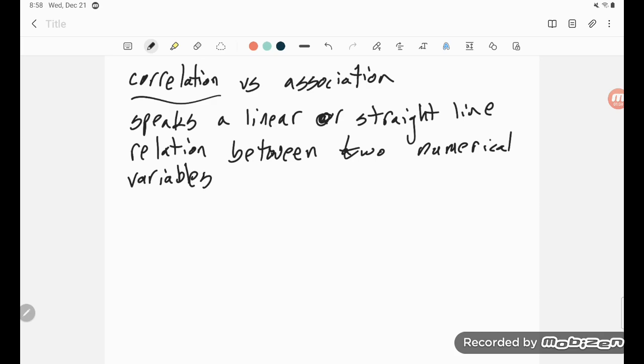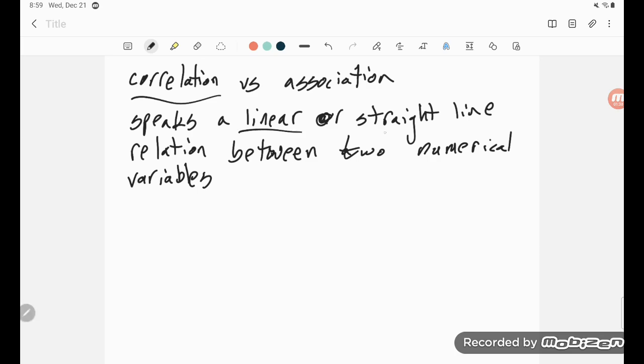Okay, so now technically speaking, you can use some categorical variables, but you're doing stuff at that point. You're making transformations and various things like that. So when you're just plotting things, correlation is a very specific thing.